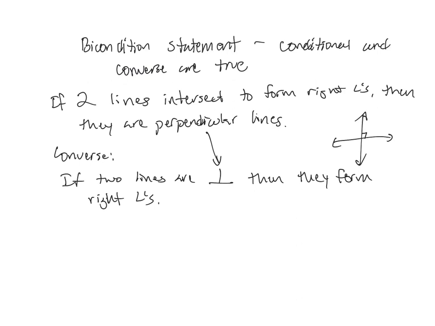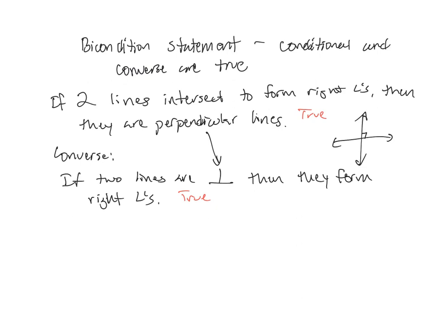That is also true. So if you know they're perpendicular, then they form right angles. If you know they're right angles, then you know they're perpendicular. You can go back and forth. Okay, this is an example of something that can be written as a biconditional statement.